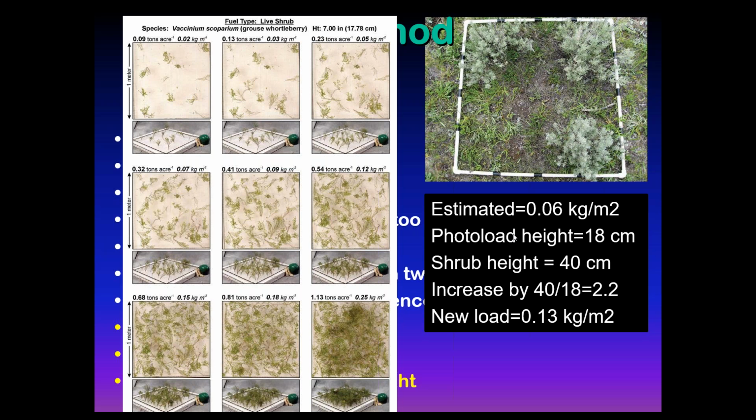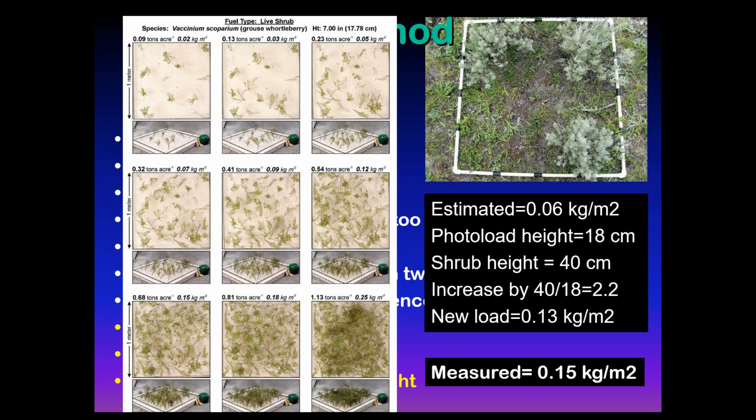If everybody has been doing along with me, the true loading is 0.15. And so here we are within 0.02 or 20 grams of the real loading, which is a very good estimate. And I hope everybody followed that. And that's how to do it for shrub and herbs. There's photos for shrub and photos for herb. So we've done 5 of the 6 fuel loadings.